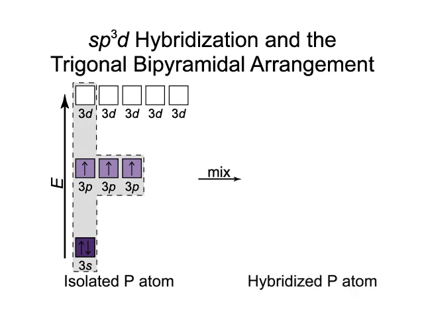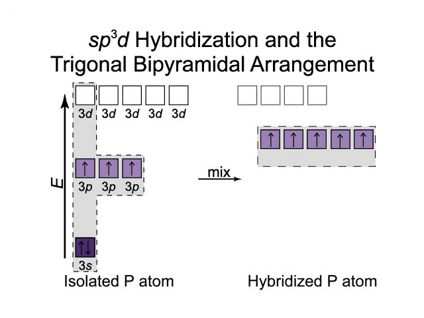In PCl5, the 3s, all the 3p's, and 1 of the 5 3d orbitals mix to form 5 half-filled sp3d hybrid orbitals. The other 4 3d orbitals remain empty and unhybridized.